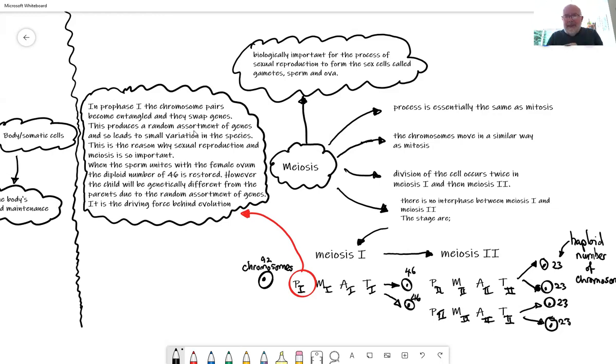Now, because of the random assortment in the male genetic sperm and the female genetic ovum, we get a total random assortment of our genes, and that's why we all end up differently, not looking like our mum or dad or our brothers and sisters, because it's a total random assortment that occurs every time.